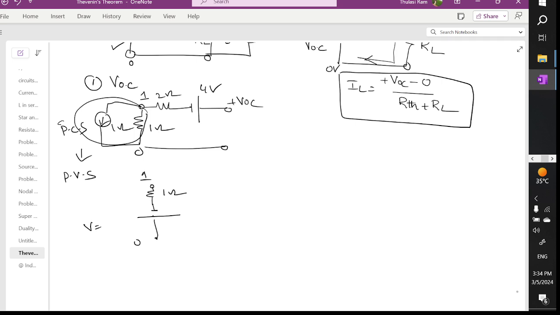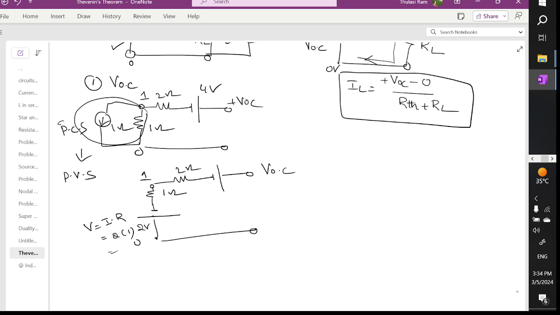V is equal to I into R. The current I given in the problem is 2 amperes and the resistance is 1 ohm. So this will constitute a voltage of 2 volts, and you have a 2 ohm resistor, and a voltage source, which is the open circuit voltage.